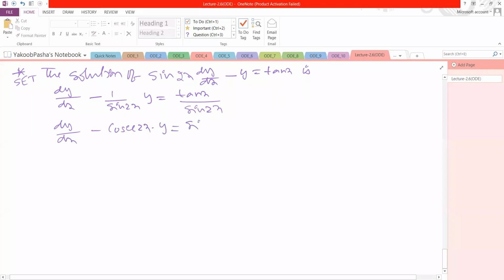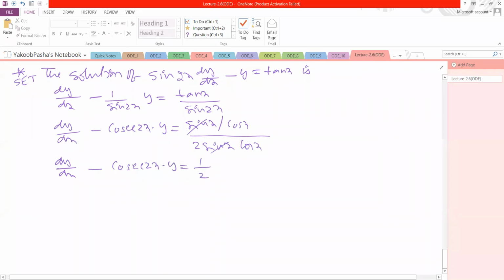to tan x, which is sin x by cos x. In the denominator, sin 2x is 2 sin x into cos x. Here sin will be cancelled. So dy by dx minus cosec 2x into y is equal to 1 by 2.